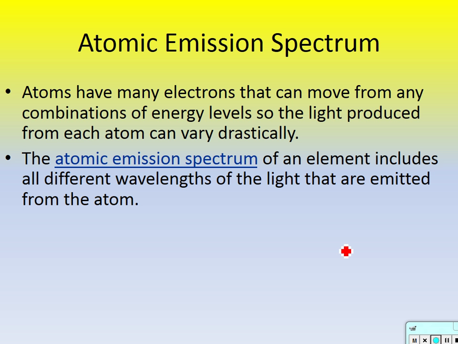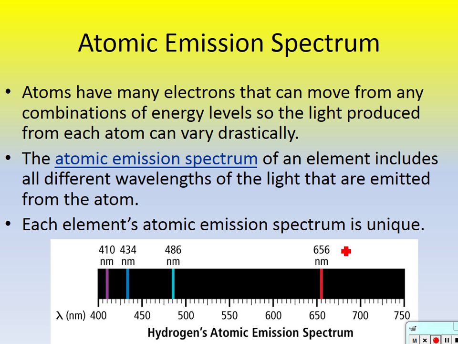So what we'll study is the atomic emission spectrum of an element, and it includes all the different wavelengths of light that are emitted from the atom. So we saw hydrogen had 4 different bands. Helium has a lot more, and we'll look at even neon. I've got a neon one. It has like 20 different bands of light that are given off. So each element's atomic emission spectrum is unique.